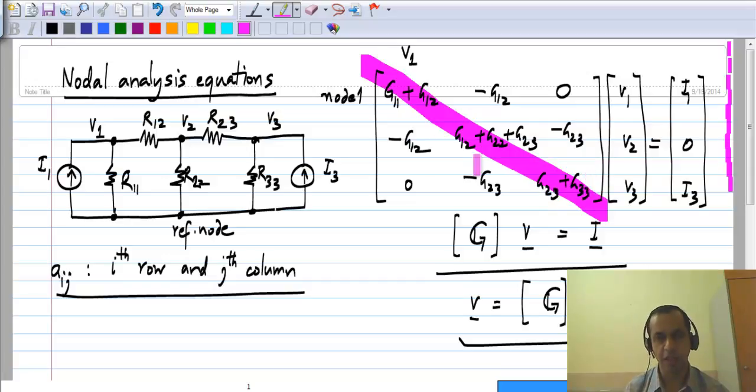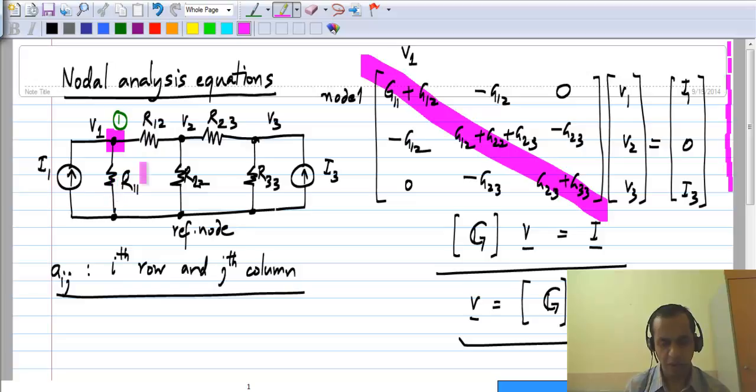You will easily notice that the diagonal elements are basically sum of conductances connected to particular nodes. The first row corresponds to node 1 and the diagonal element in that, element A11, is basically the total conductance connected to node 1. Okay, so this is node 1. We have two resistances R11 and R12 connected to it.